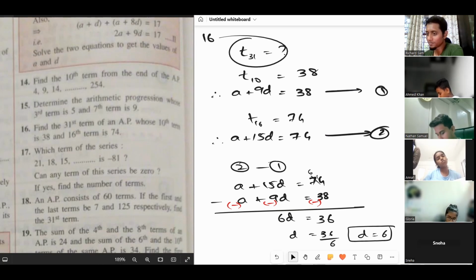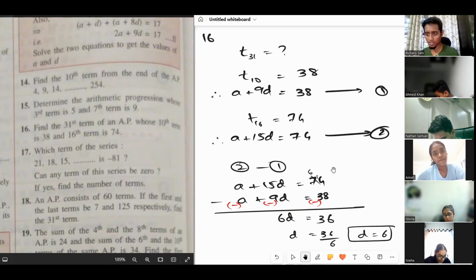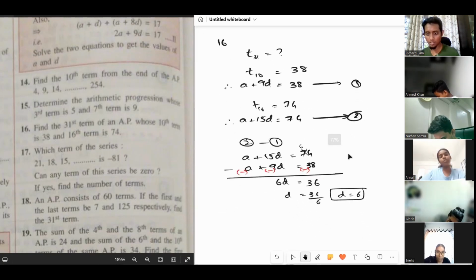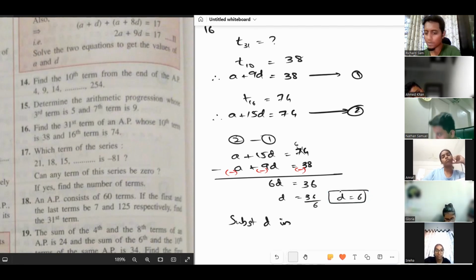Clear everyone how to do? Anna, is it clear? Okay. Anna, you know simultaneous equations? Yeah. So you know how to find D. You understood this? How we got D? Same way you know how to find A. We just substitute D in any one of the equations. So let's substitute in equation 1.